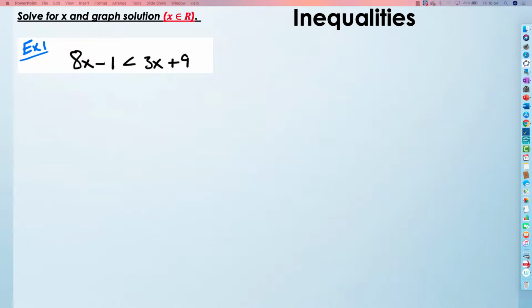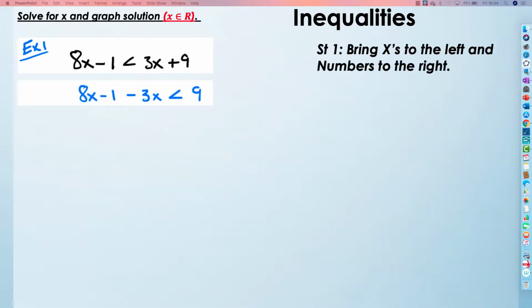So what's going on the left hand side next? 8x minus 3x. What's going on the right? 9 plus 1. 3x comes over becomes minus 3x, 1 comes over becomes plus 1.